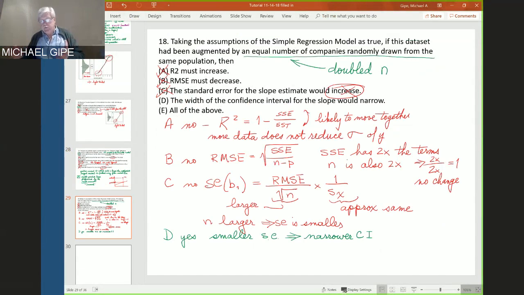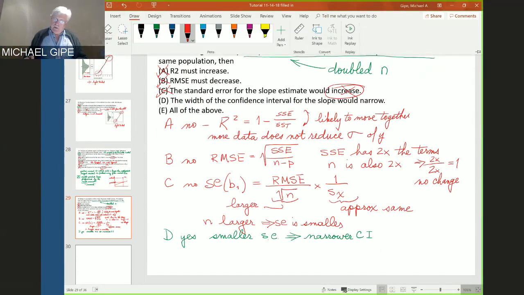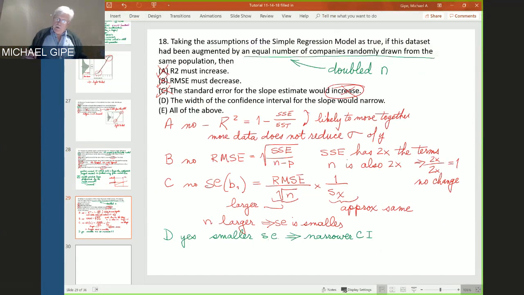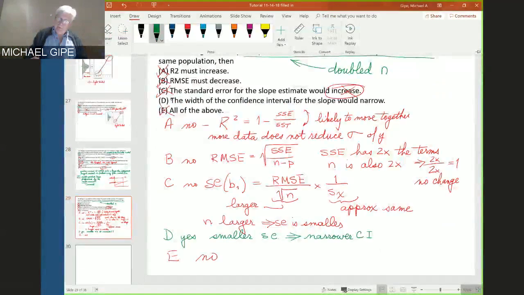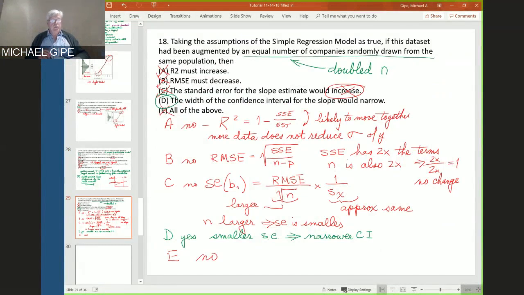Two smaller standard errors means you have a narrower confidence interval. And finally, E, all of the above. Well, no, it's only one of them. That one. Okay. We've gone through all of the ones that I think we've covered so far in the topics we've discussed tonight. Any questions on any of this?